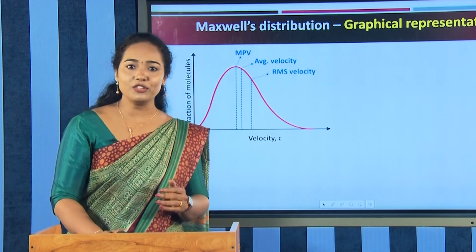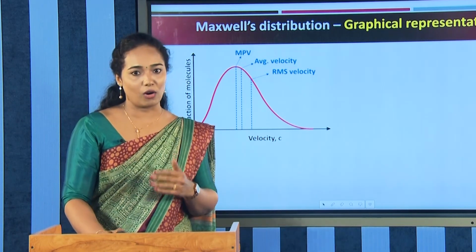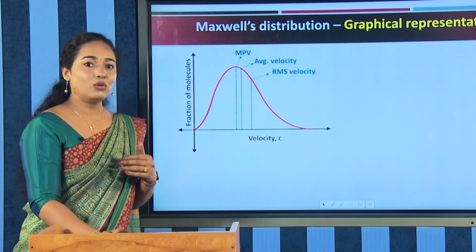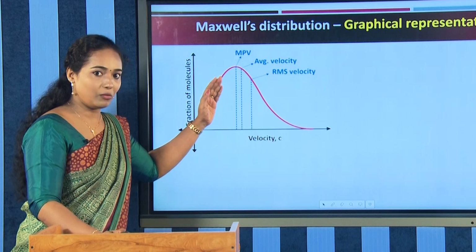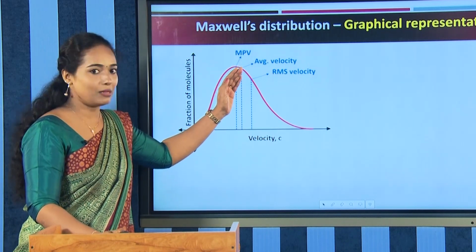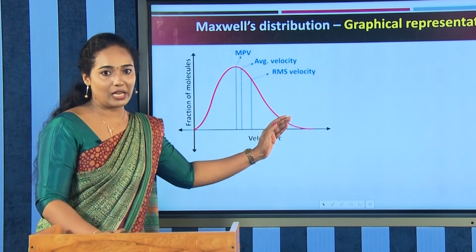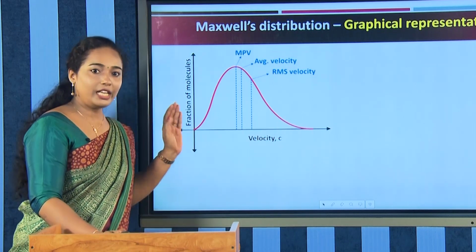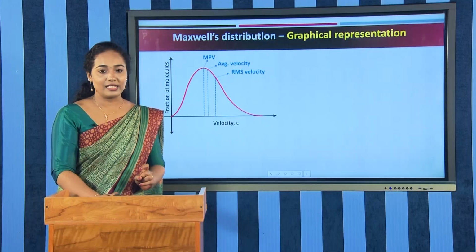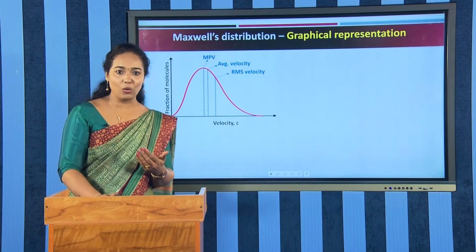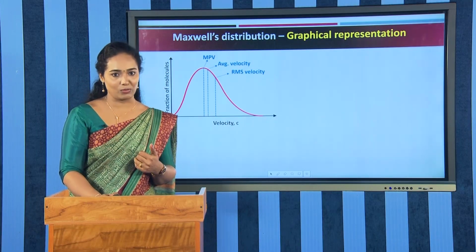That means the probability of a molecule being motionless is almost 0. Okay. And for velocities greater than 0, the probability increases with velocity, passes through a maximum, and then it falls away towards 0. Both very low and very high velocities are highly improbable. That is, the fraction of molecules having very low and very high velocities is very small.